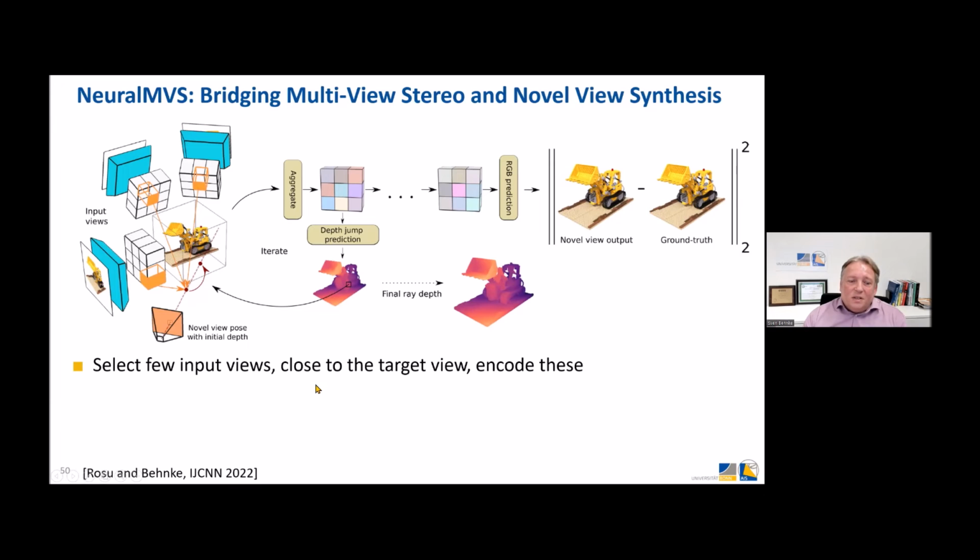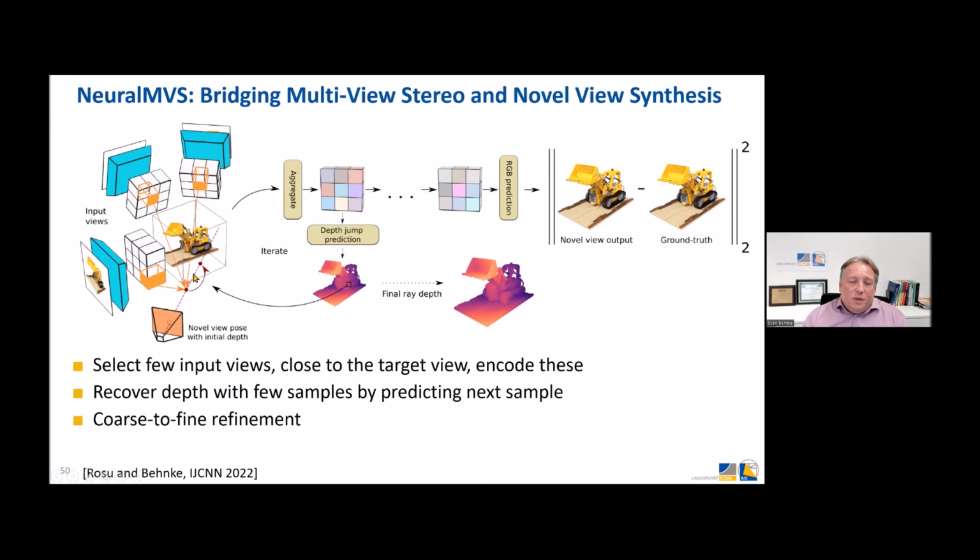For example, this one, which will be presented at IJCNN, where we have different views that are selected close to the target view, and we encode them with a neural encoder to some high-dimensional feature space. We recover depth by predicting where to sample next, and then at each sampled location, we aggregate these features.